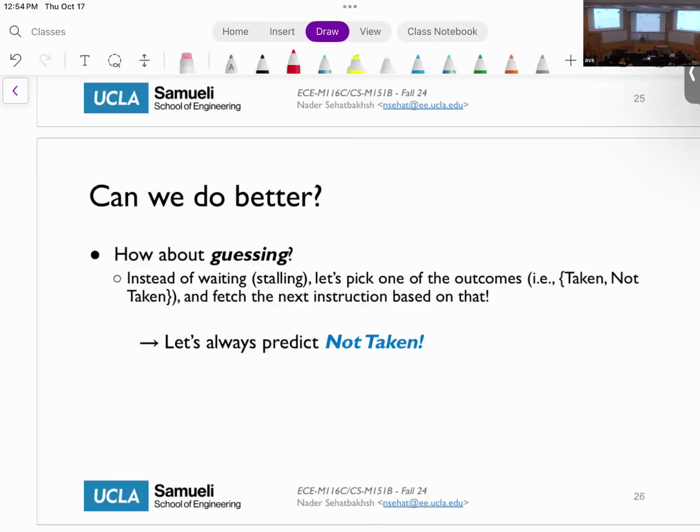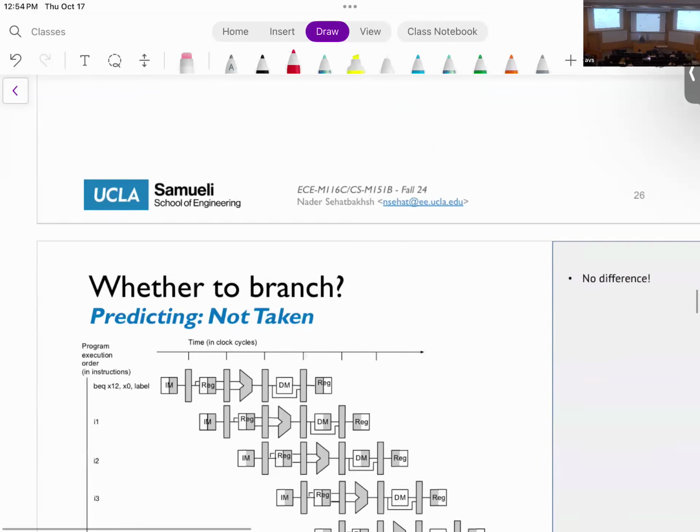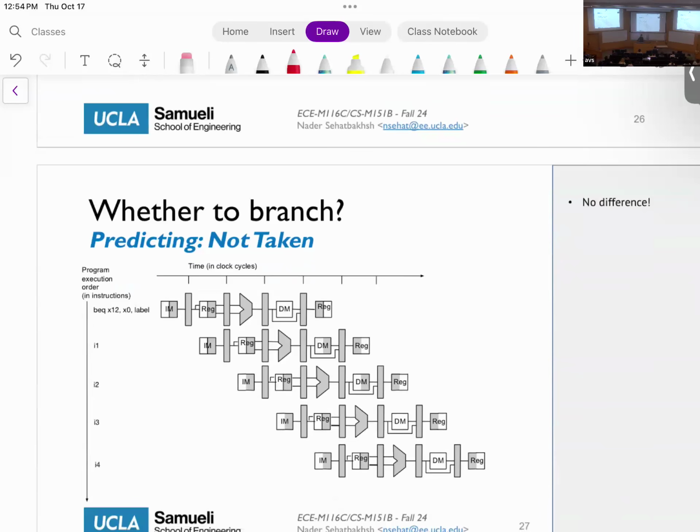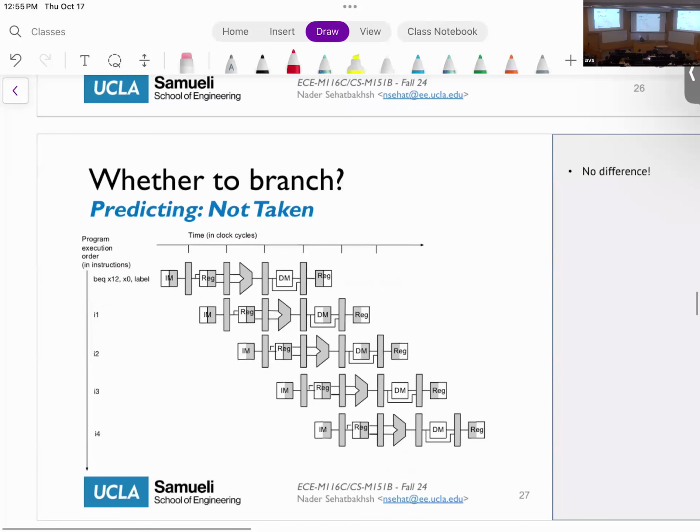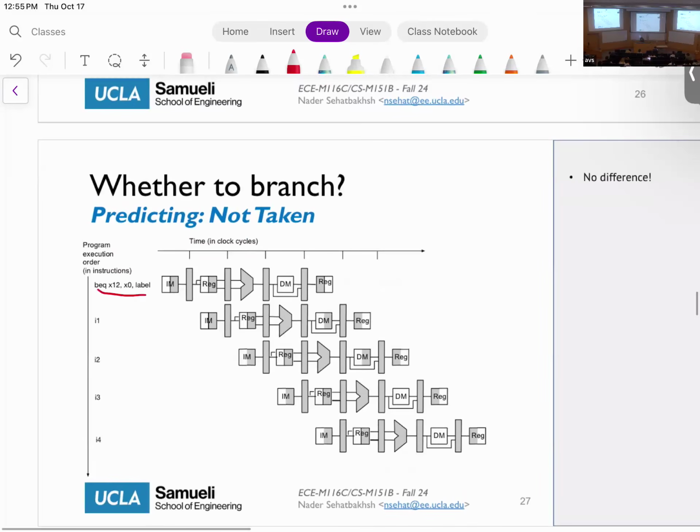We're going to start with not taken. The reason for not taken is that it means we just continue as usual. We just do PC plus 4, PC plus 4. So it has minimal impact on our processor in terms of changes that we need to make. Okay? So if you look at not taken, let's say I see this branch in the fetch stage.